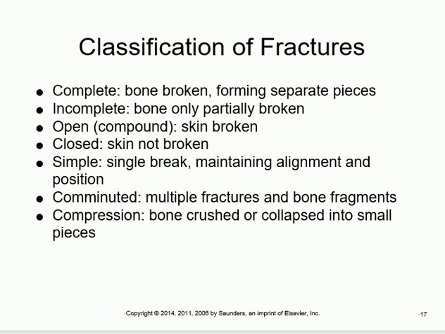Compression fracture, on the other hand, is bone that can be crushed. Something like the vertebrae, the bones of the vertebral column. Like if you fall down from 2 floors or something and you're falling straight on your feet. The whole weight will compress your vertebrae and you have compressed fracture.